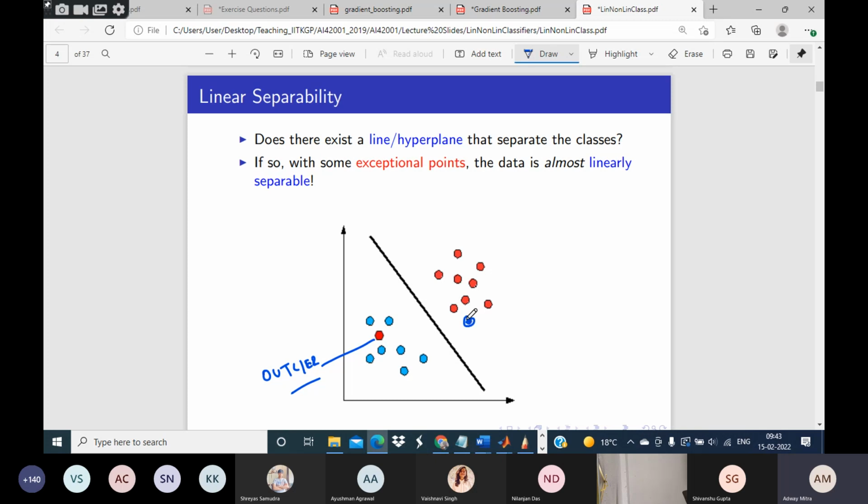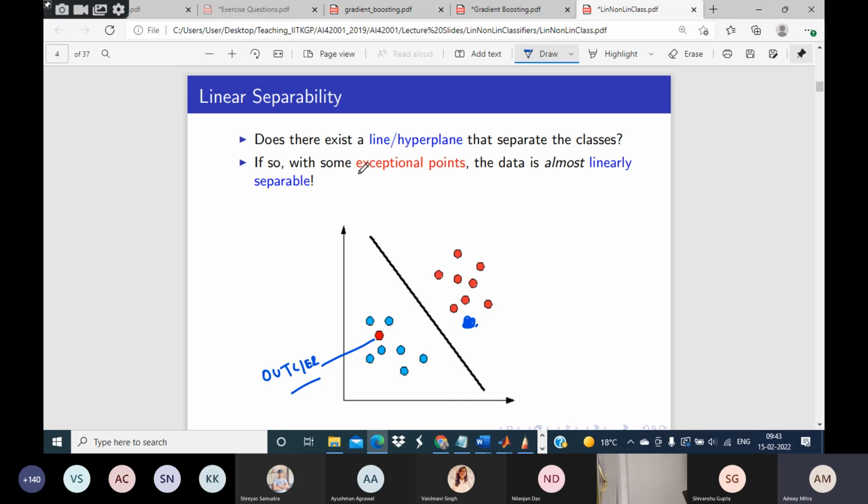But the thing to be noted here is that except for this one point, and maybe it may be possible to have a blue point sitting here also, with the exception of a small number of rare points or outliers, the remaining points you can still separate into the two using a linear structure. So this kind of data set we can call almost linearly separable.